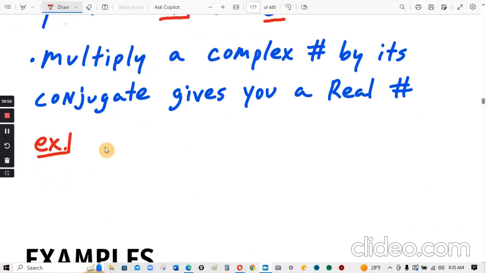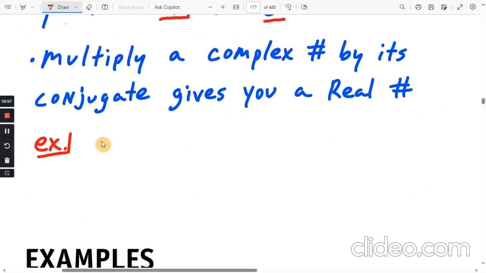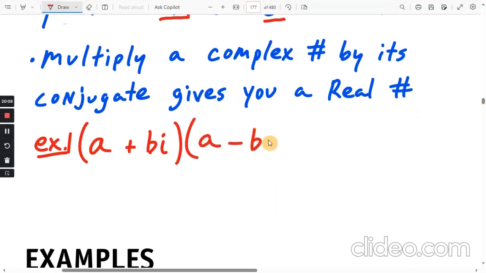So, for example, if you start with a plus bi and you multiply by the complex conjugate a minus bi, let's see what happens here.